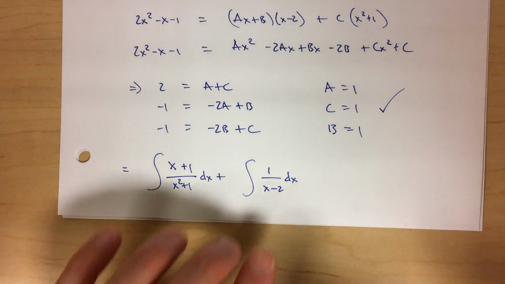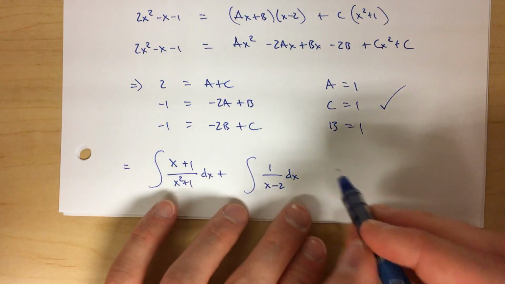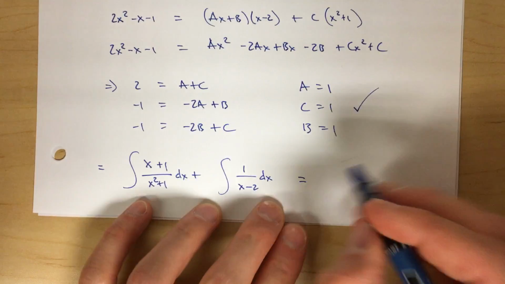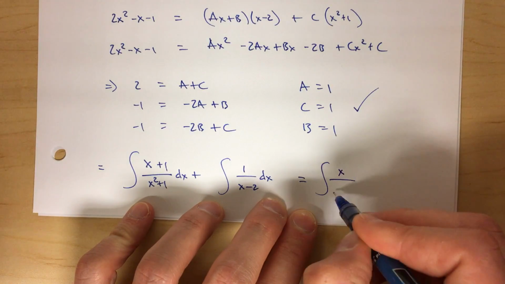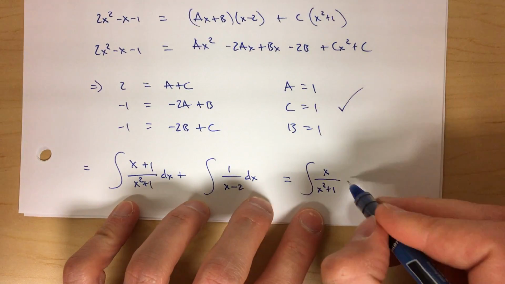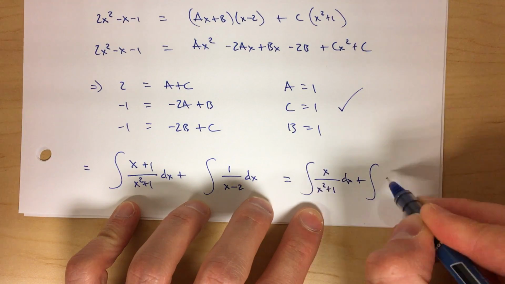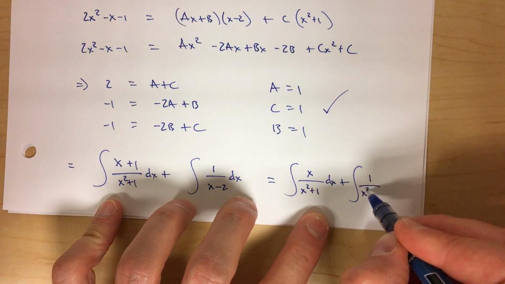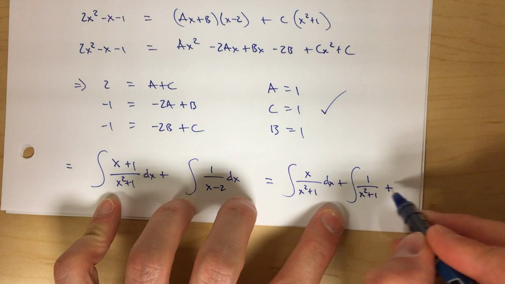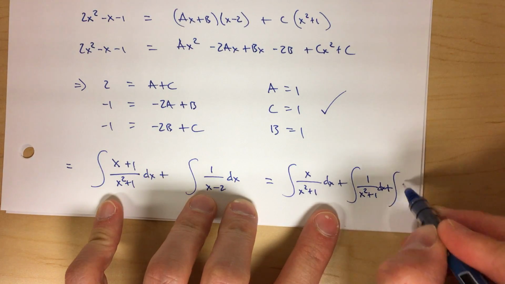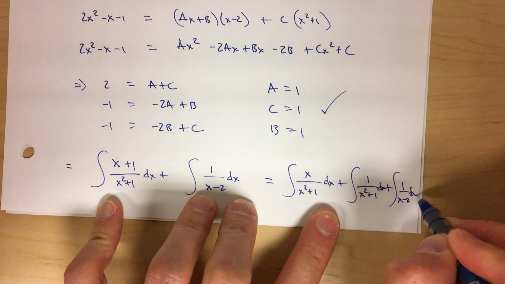Well, we don't, but we know that this can actually be broken apart as x over x squared plus 1 plus 1 over x squared plus 1, plus this one, 1 over x minus 2.